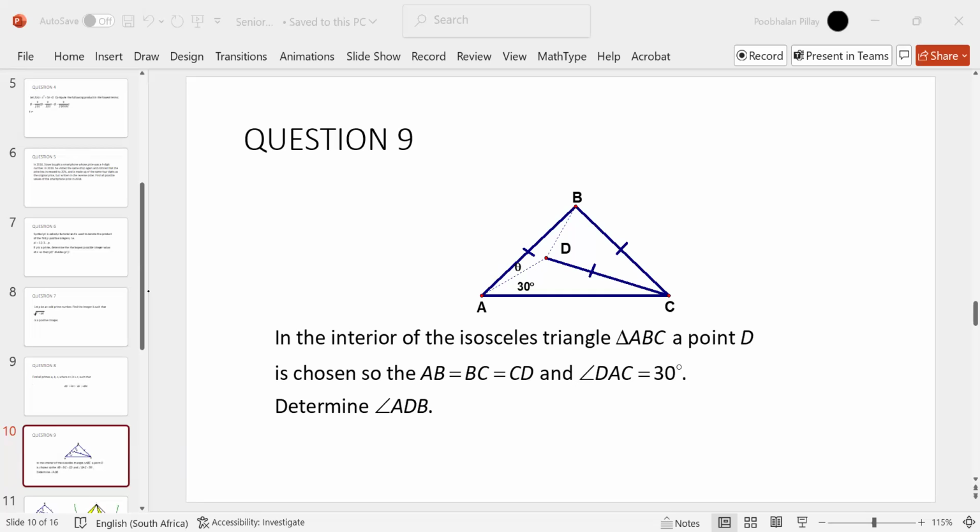So that's the information. The information is in the picture, everything here. The question is, what is this angle? That's the question. What is that angle? ADB, the angle between the two dotted lines.